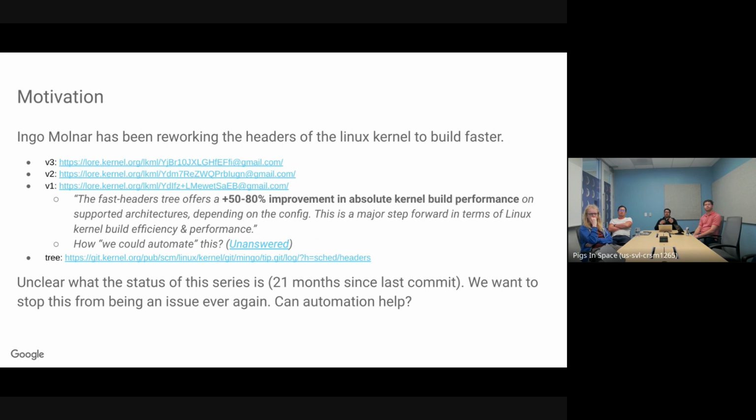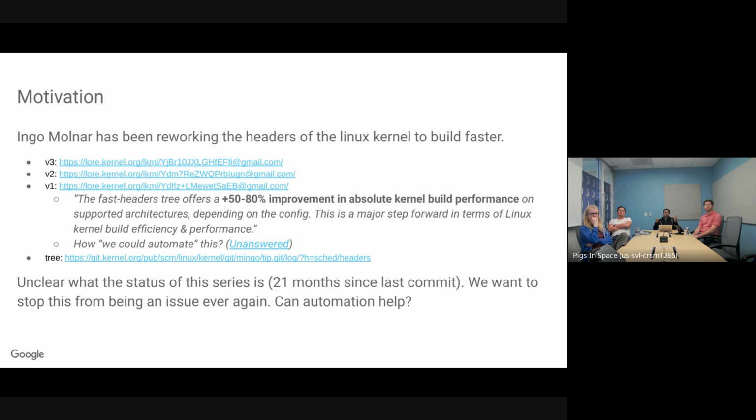Our motivation for thinking that we can fix this is that the Linux kernel has had attempts to fix the headers. Ingo Molnar has been working on refactoring the headers to make them build faster, and his fast headers tree has 50 to 80% improvements, which is really good, and we want that for the rest of the kernel.